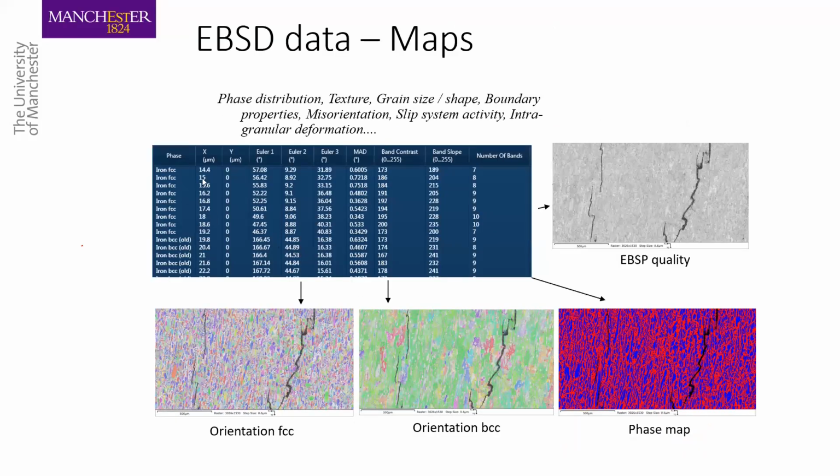As well as that, you can export all the data that's gathered in Euler angles. You can display them as per phase. For example, this is a stainless steel, dual phase steel, I think, where we've got the austenite and ferrite, and then you can see the band contrast value and the phase map.